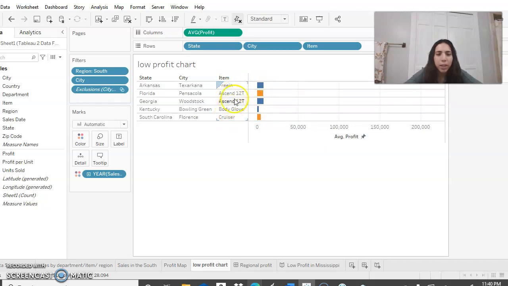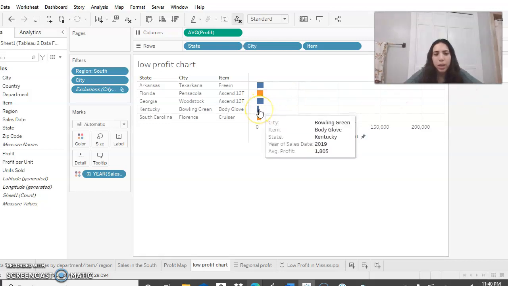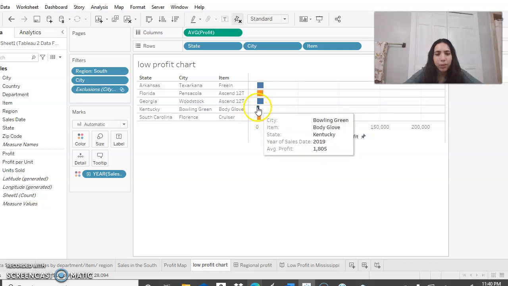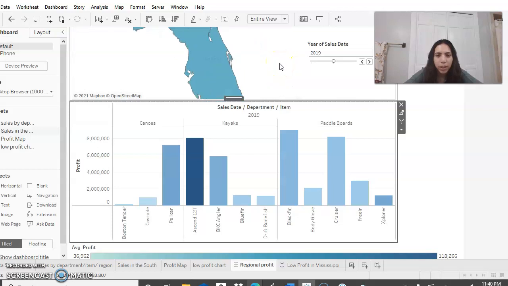Specifically, there are two commonalities of items that are not selling or making as much profit as the company wanted. And I kept both years just to see that there is somewhat of a difference, even though 2019 had one of the lowest average profits as well.